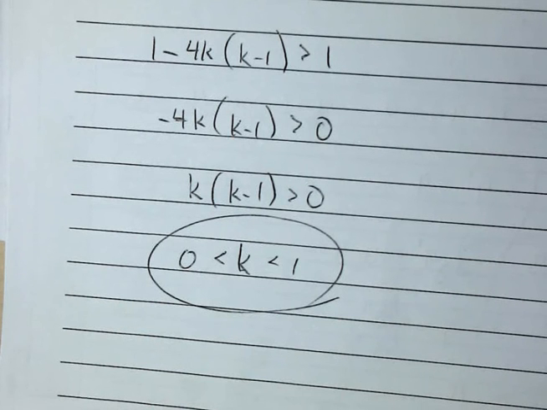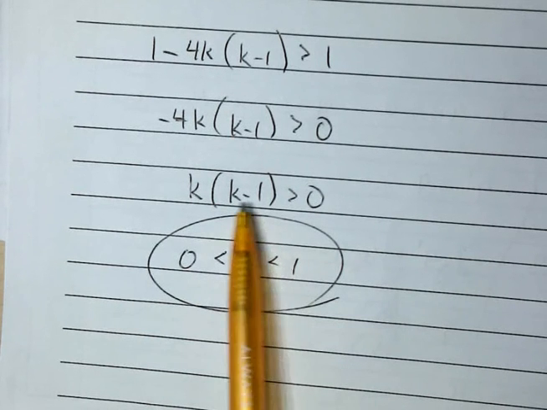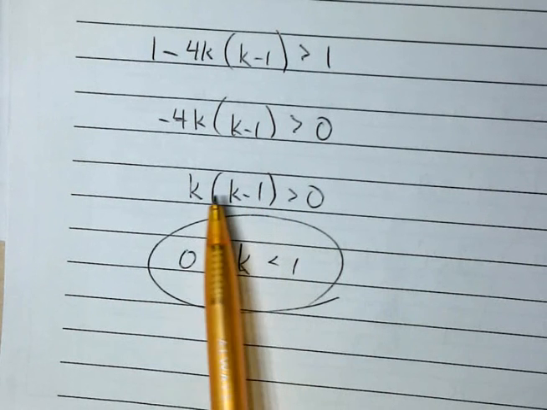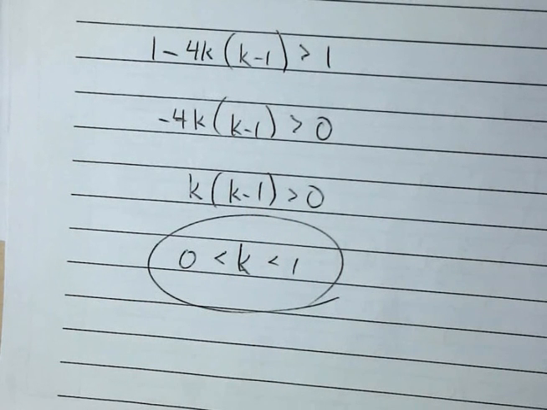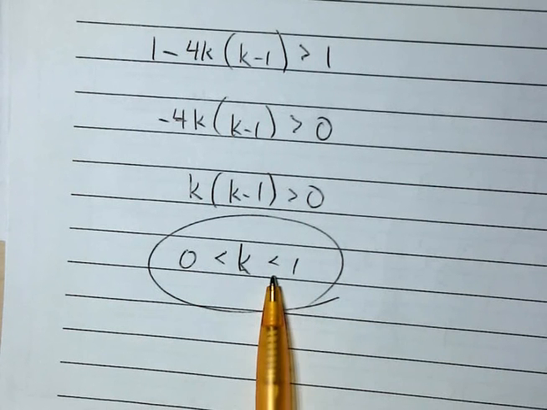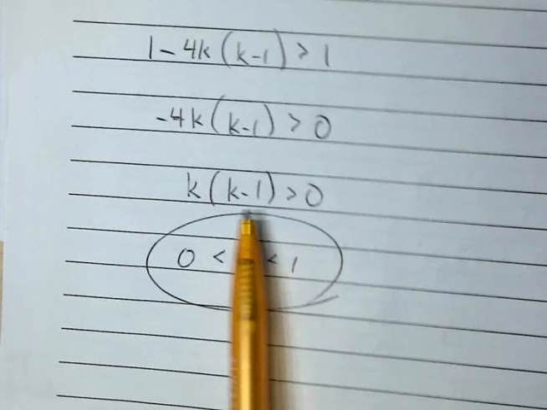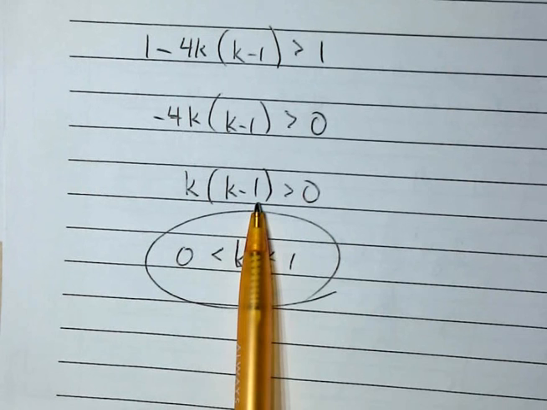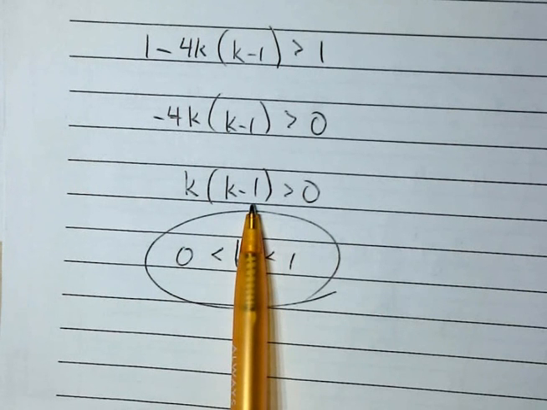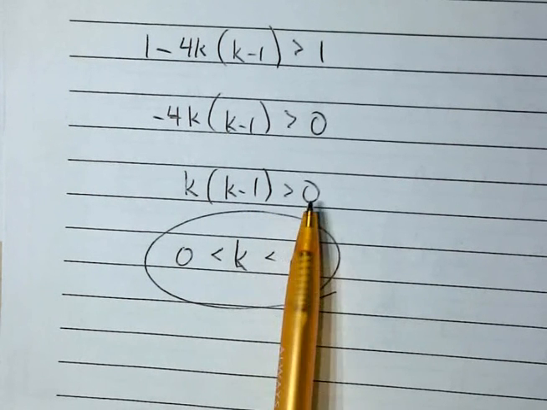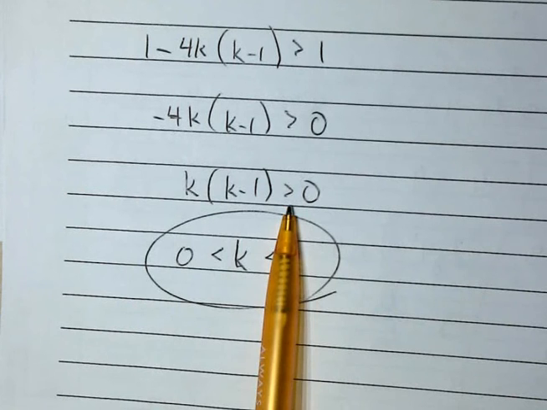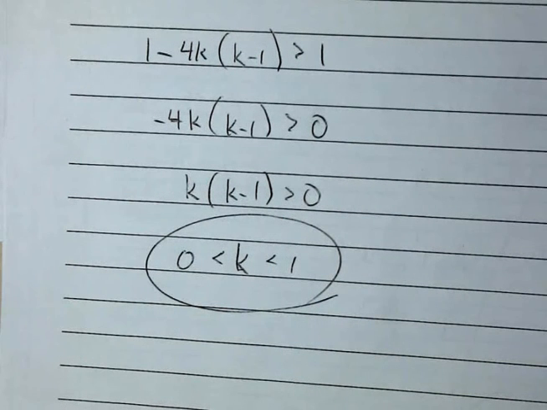Let's say I chose 2. 2 minus 1 is 1, times 2 is 2. So I can see as I'm going above 1, it's the wrong way. So I've got to be less than 1. Let's use 0. 0 minus 1 is negative 1. Negative 1 times 0 is again 0. I've got to be greater than 0. So you can think of it as guess and check. Yeah, that would work fine there.